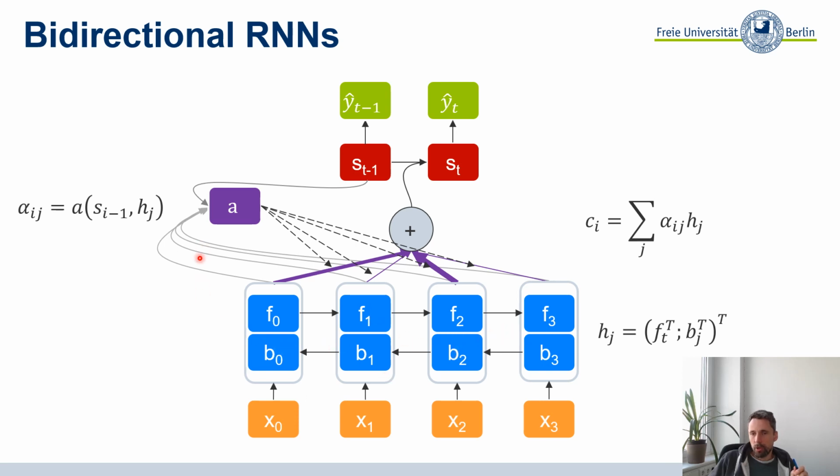Okay, so basically these will always stay the same, and this representation will change, and then it will produce these connection weights.